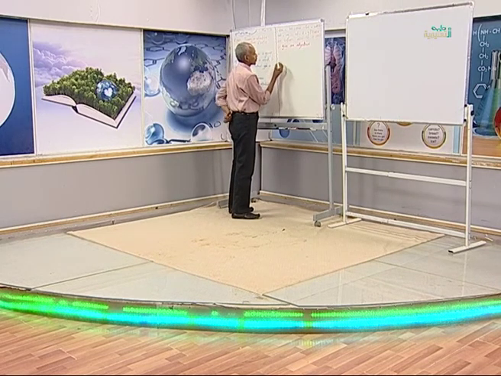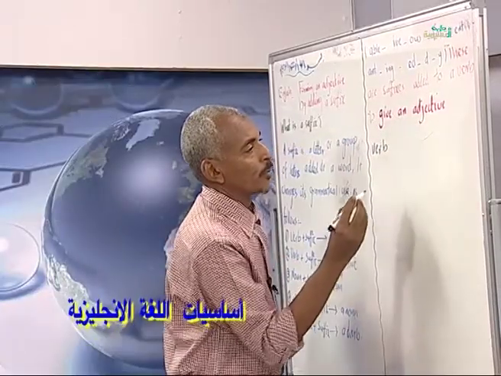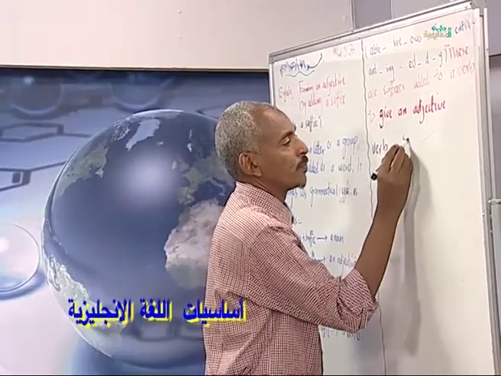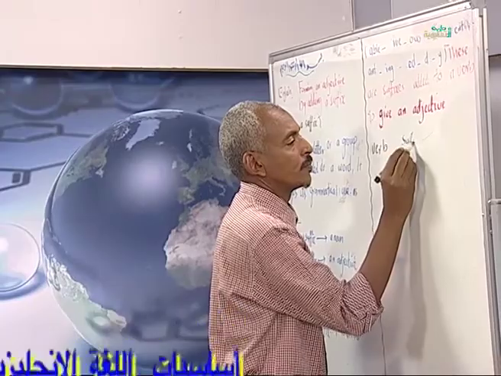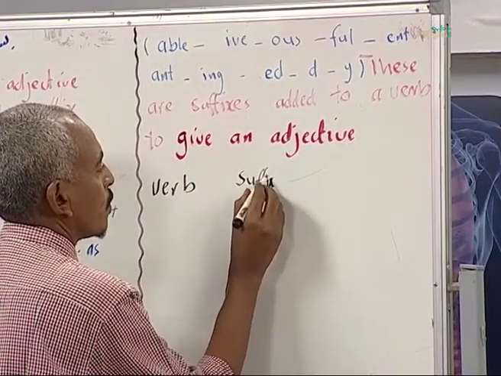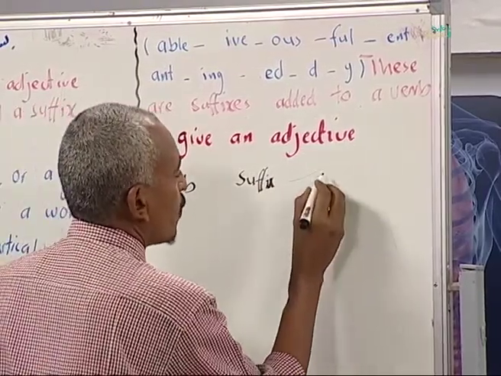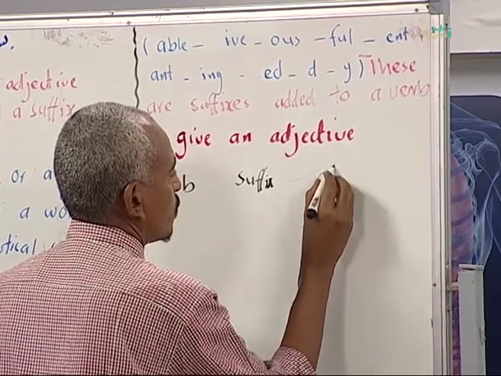For example, I have a verb, I add a suffix, to have an adjective.